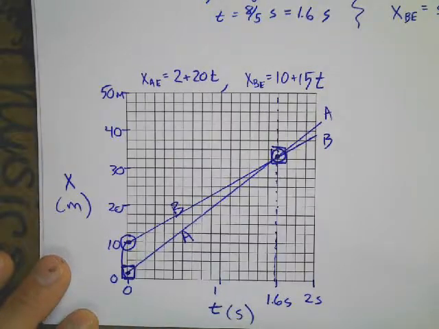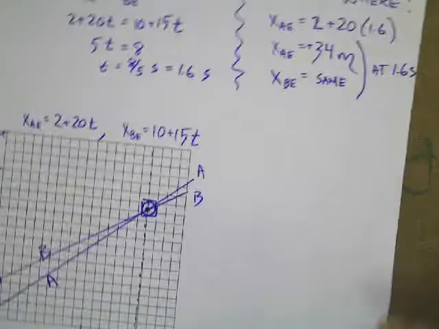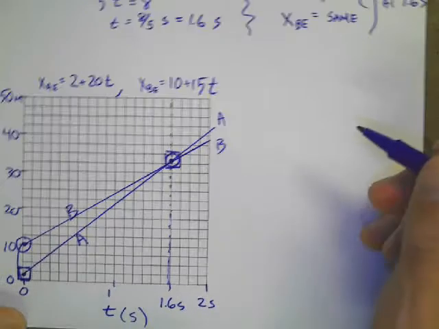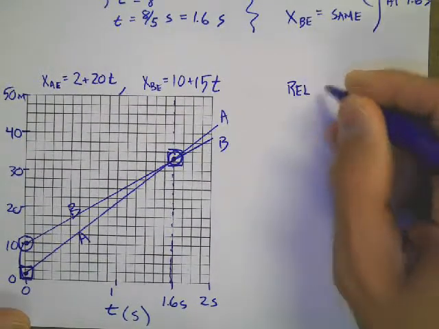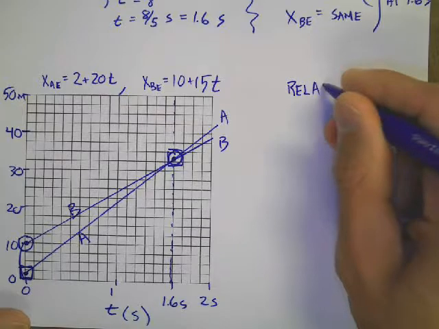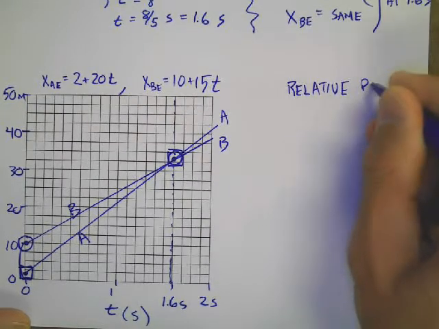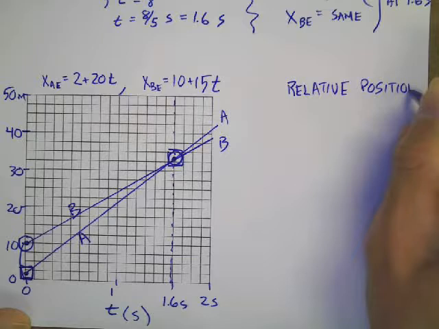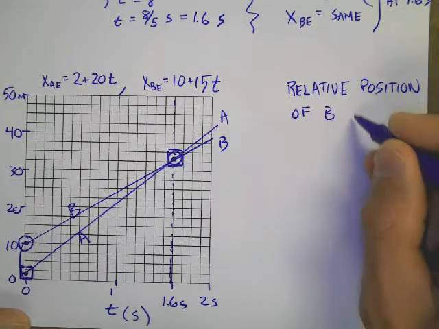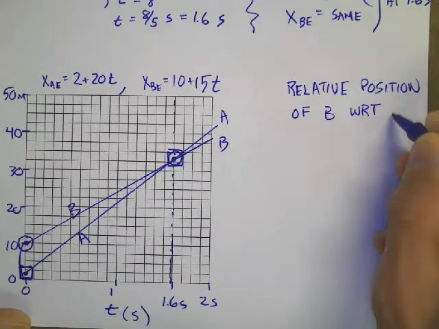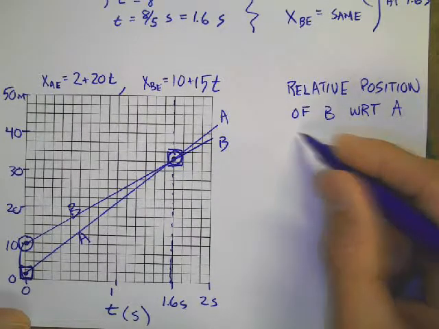Okay. I'm going to show you one other thing you can do with this data, and that is, what if you wanted to find the relative position of B with respect to A?